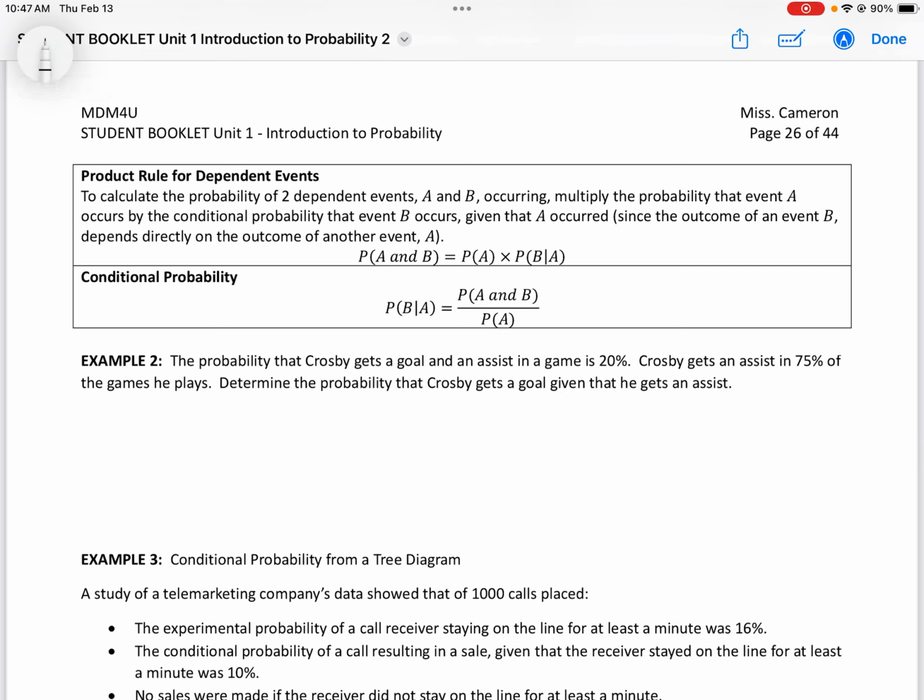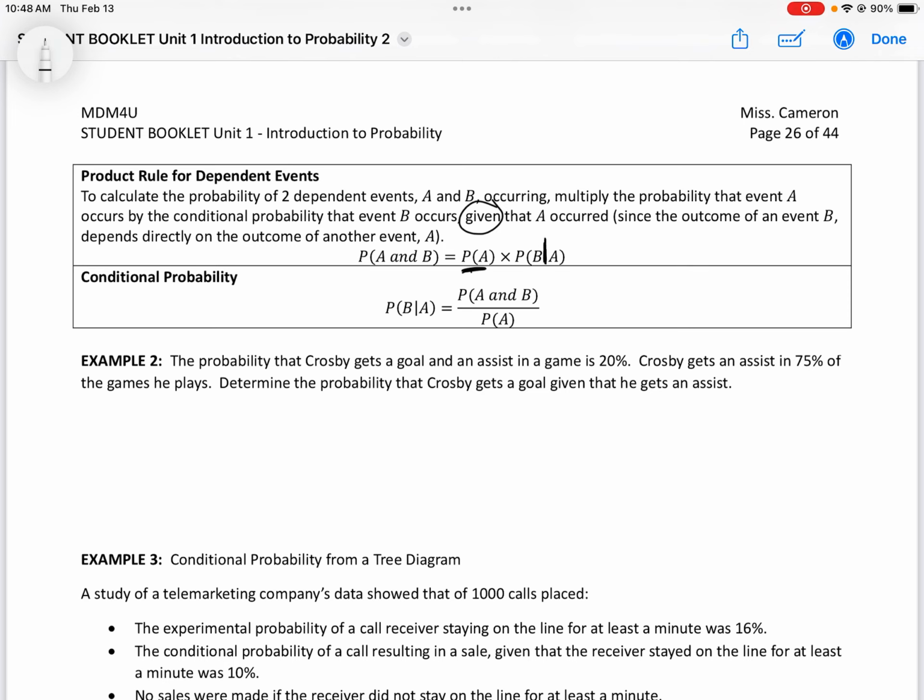Okay, now let's talk about the product rule for dependent events. To calculate the probability of 2 dependent events, A and B, occurring, what we do is multiply the probability that event A occurs by the conditional probability that event B occurs given A occurred. When we talk about this word given, we focus on that vertical line.